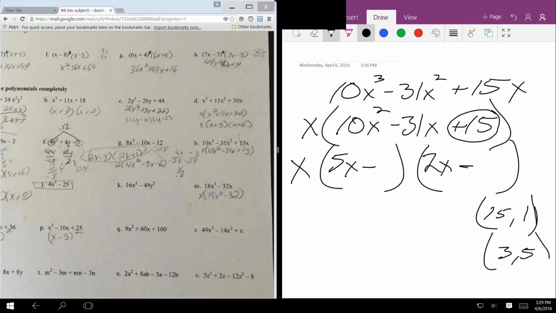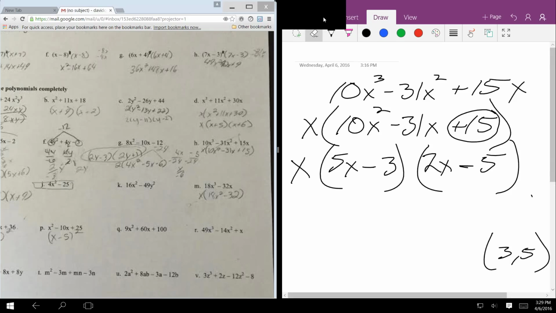That's it. So, it's pretty random at this stage. Let's just try the two closest ones. Does that produce the middle term? Yes. We hit it on the first trial.